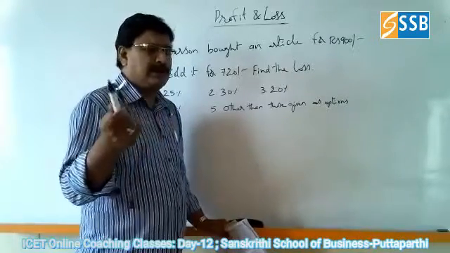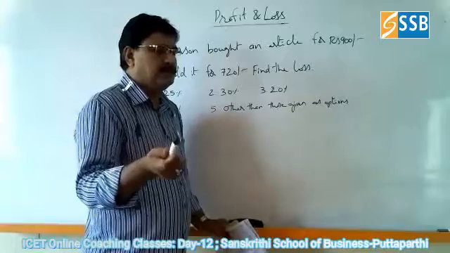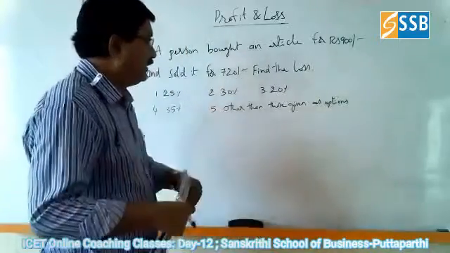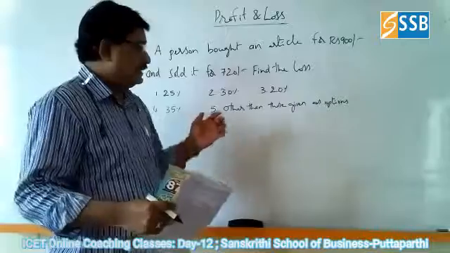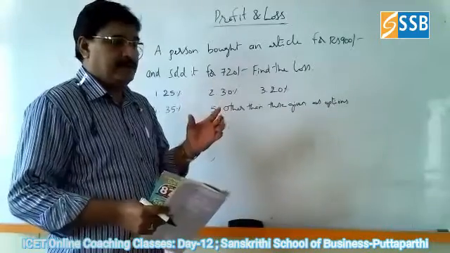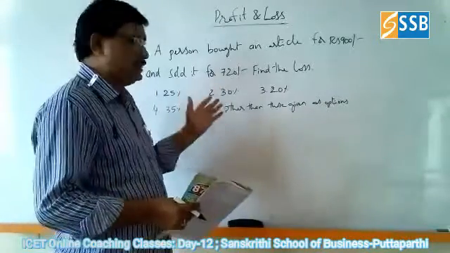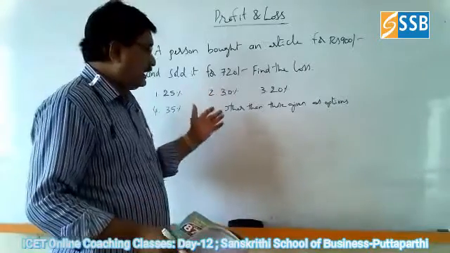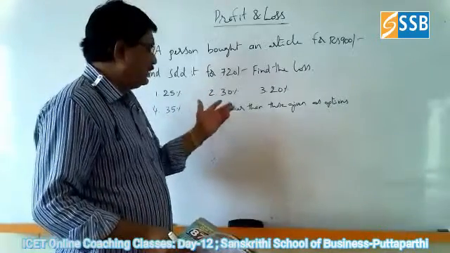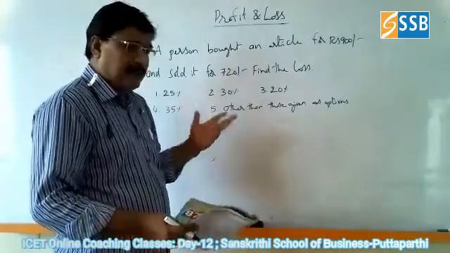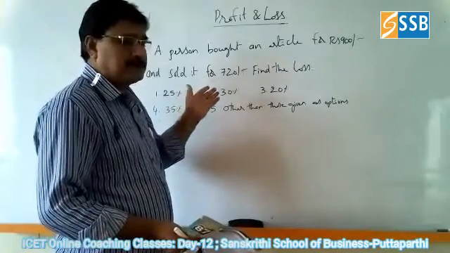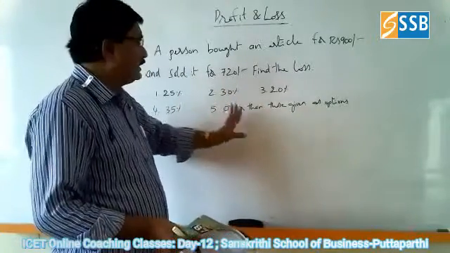So one problem to another problem, maybe different words are used, so you have to develop your communication skills. When you develop the communication skills, English is that important, not only for mathematics, but also for arithmetical ability, these problems can be understood. It can be useful for English also.